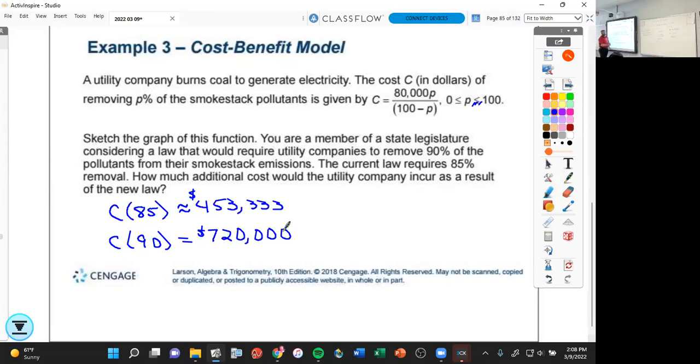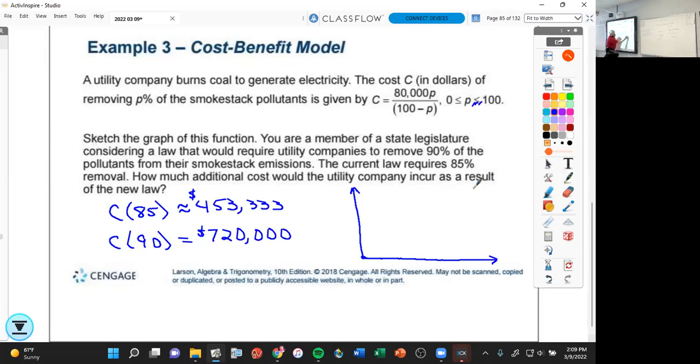So let's think about this graph for a second. I only drew quadrant one. Does it make sense to just draw quadrant one? Can we have negative pollutants? Can we have negative costs? Okay, so how much would it cost to remove nothing? Nothing.